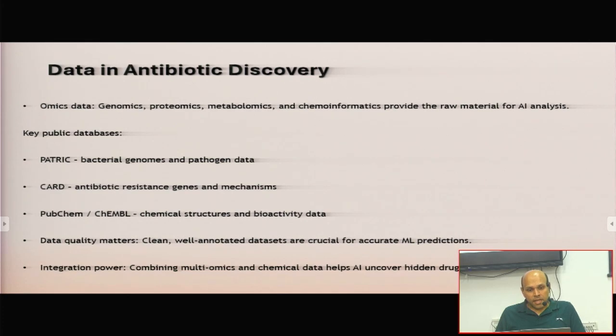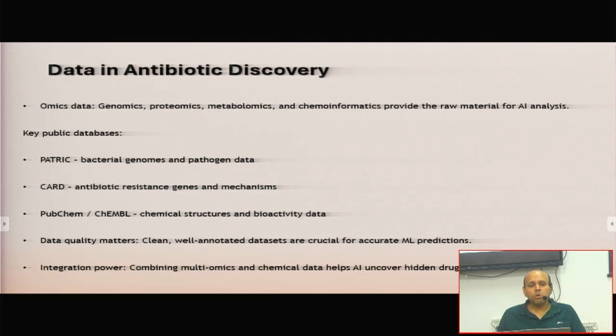So, data in antibiotic discovery. All sorts of data are there. We are familiar with many of these data. Maybe you have already applied some of these data in your own context. We have the omics data. In that you have genomics, which is what I deal with on a day-to-day basis: the genomes of the organisms, assemblies of the organisms.